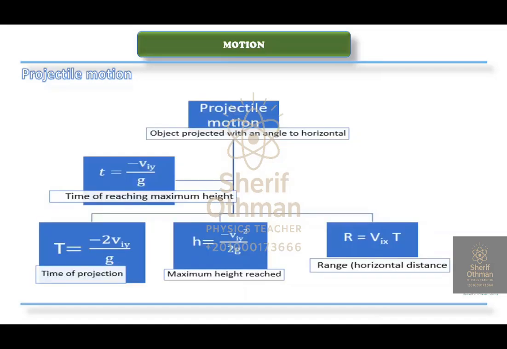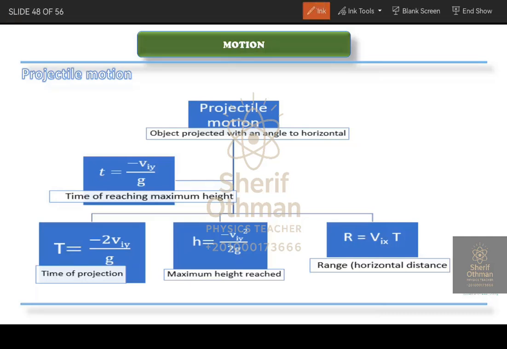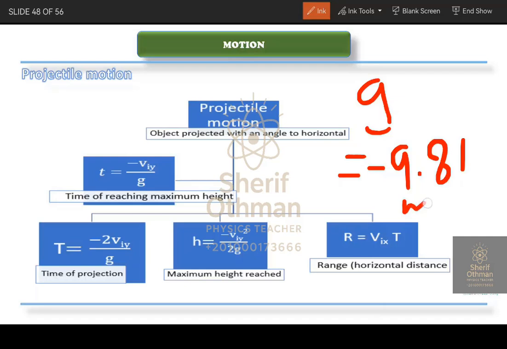If we need to find the time of reaching maximum height, it will be negative Viy over G. In all of these equations, guys, we will substitute G equal to negative 9.81 meters per second squared, as the projectile is moving upward. So the object moves against gravity, so its speed decreases and it has a negative acceleration motion.